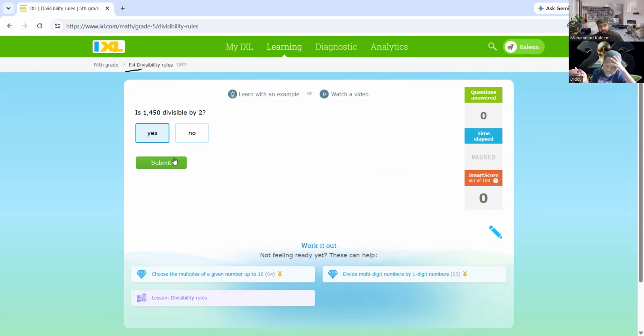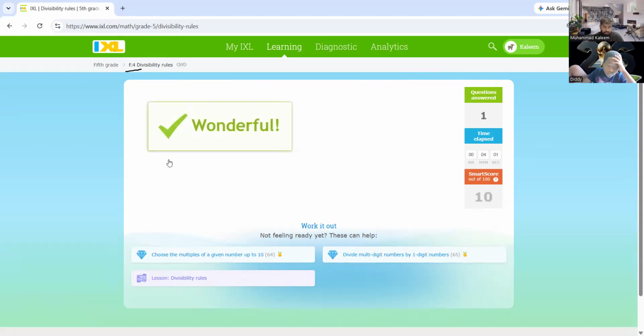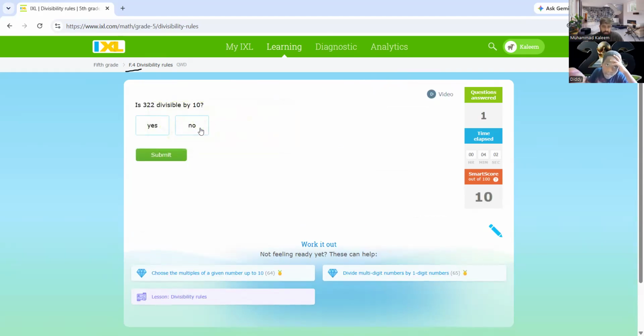Okay. So is this divisible by 2? Yes, it is. Okay, let's do this one first. No, we have to check, is this divisible by 10? No, it's not, even if you do not divide it. How did you know this?